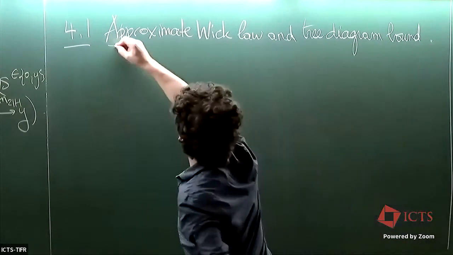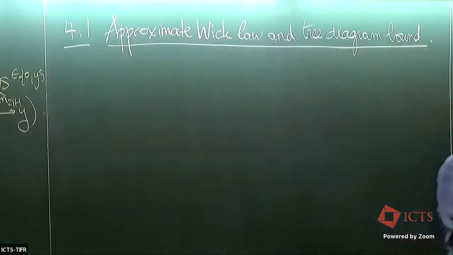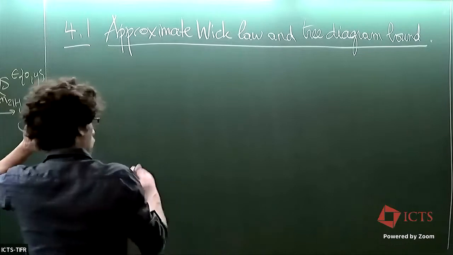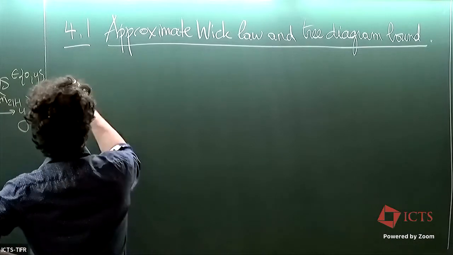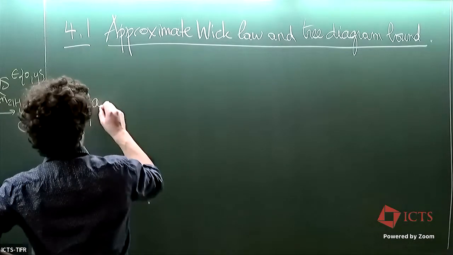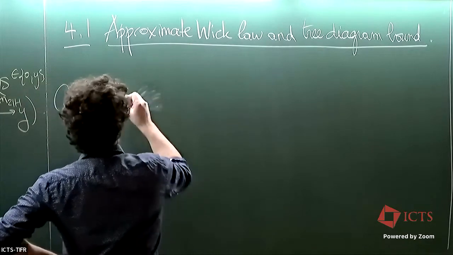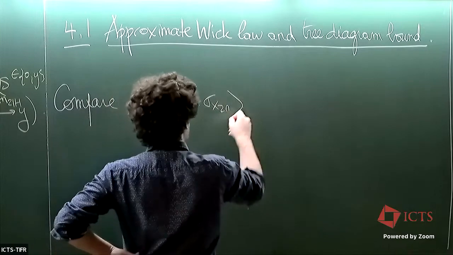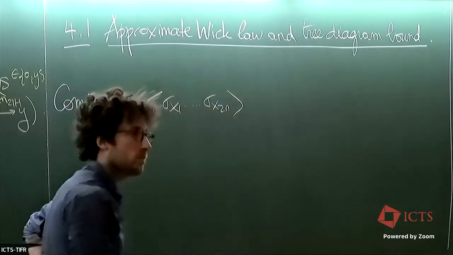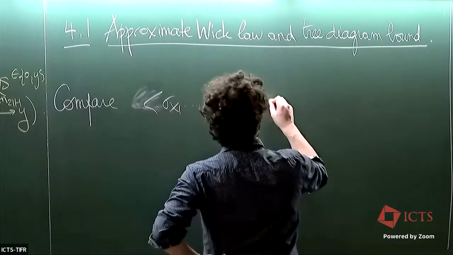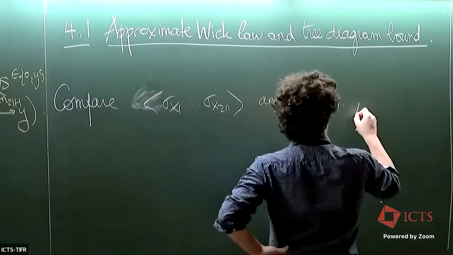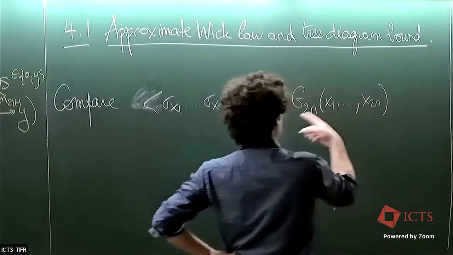Okay, so my goal today is to re-express, using the random current and the switching lemma, how we can compare sigma x1 through sigma x2n, and G2n of x1 through x2n. What is G2n of x1 through x2n is what you would get if it was Gaussian.